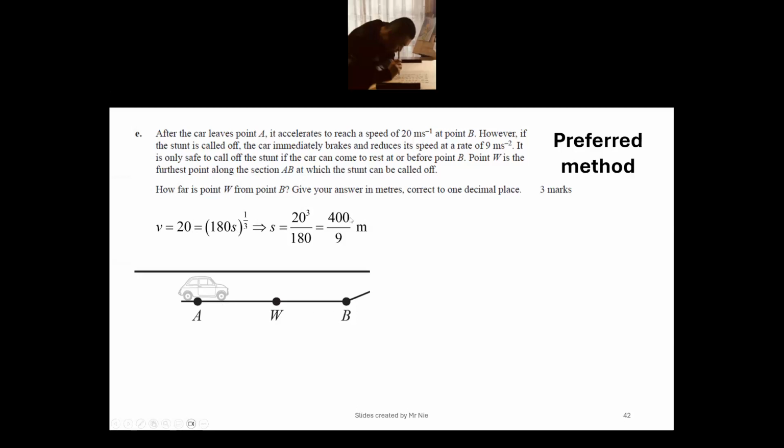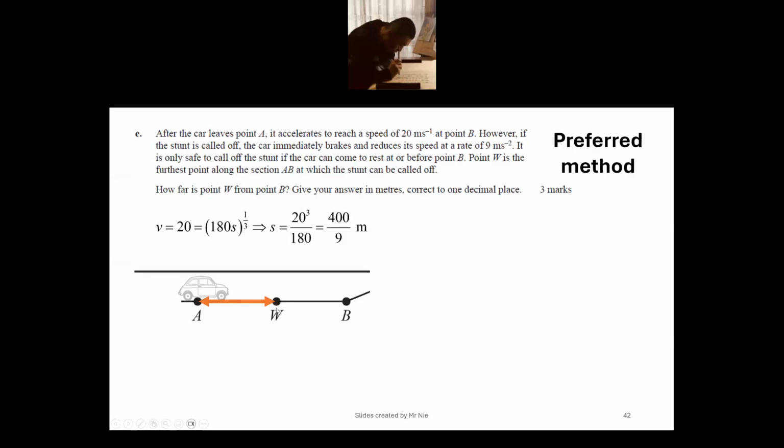That would be 400 over 9 meters. The next thing is we can divide the section into two parts. From A to W, it is the acceleration stage, following a equals 60 over v, and it also follows that v equals 180 s to the power 1/3.